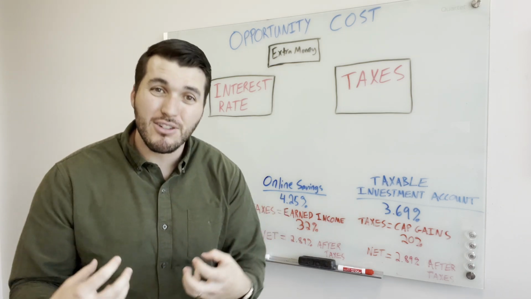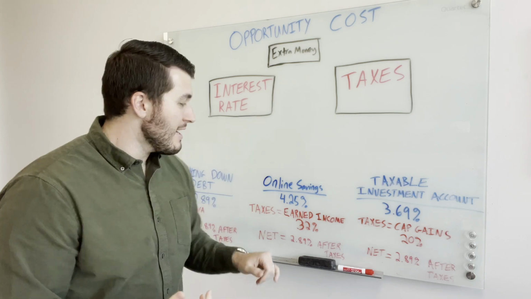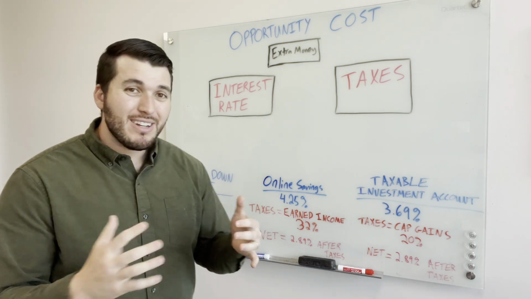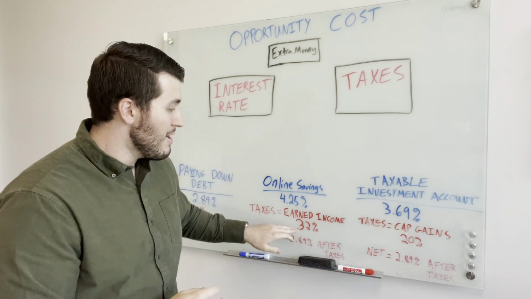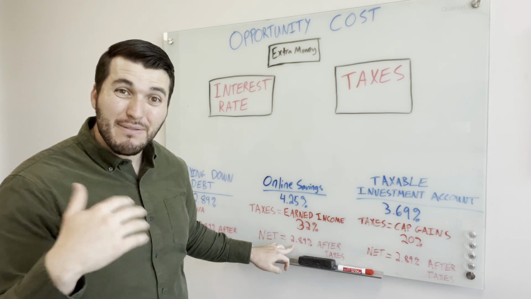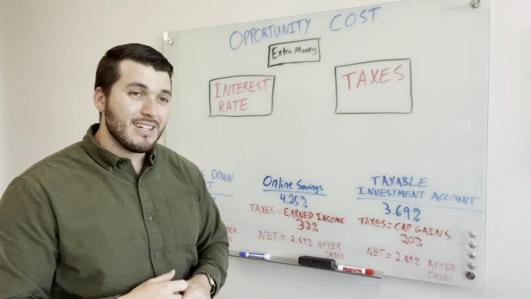Anytime we get interest from an online savings account or the like, you have to pay it as if you earned that money in that given year, right? You don't get any preferential tax treatment like you do in some other investment accounts. And so that 32% really brings that down to a net earnings after taxes of only about 2.89%, right? So that's a lot different.